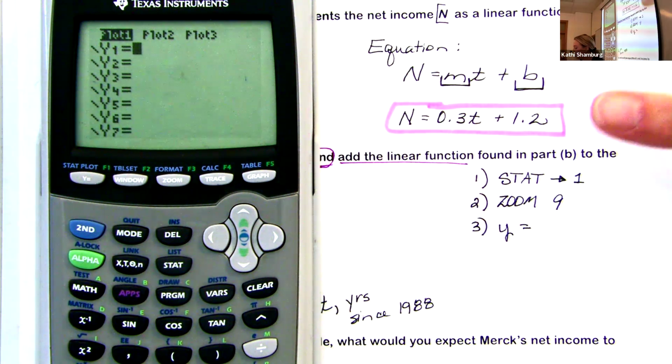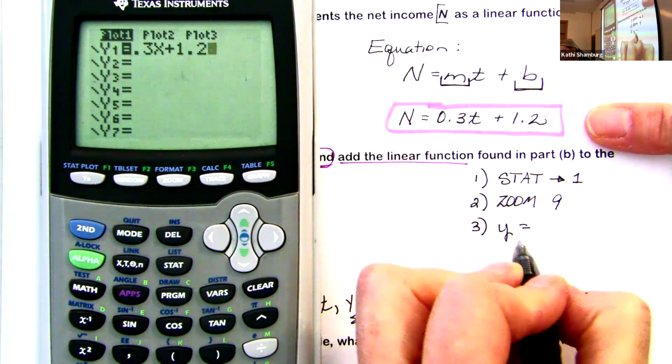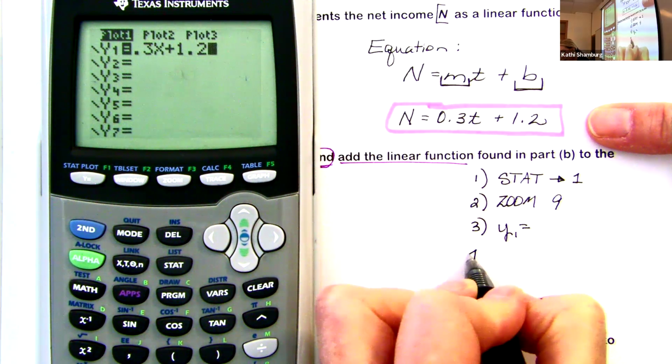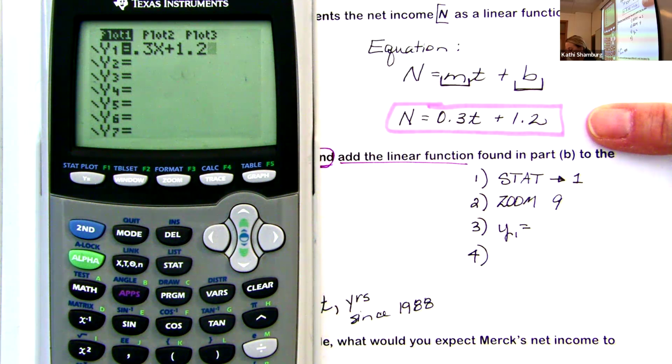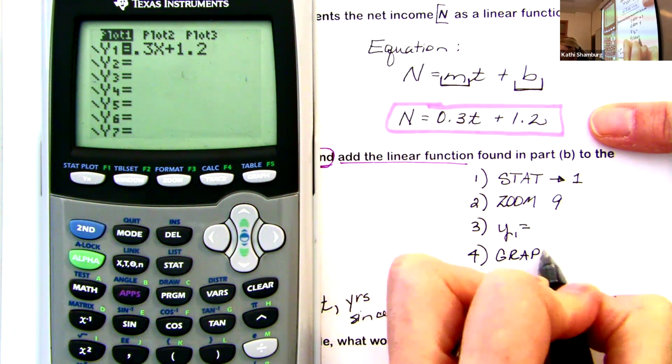And now we're going to enter this equation. So the one I just deleted on your calculator, now you're going to go in and put it there. So you're going to put in 0.3x plus 1.2. So we put that in the Y1. And then what do we hit? Graph. If I find that by using the table.